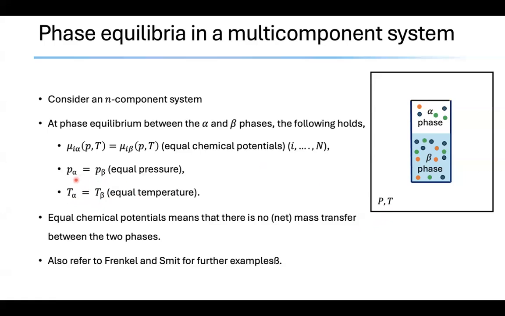Similarly, for the pressure, it should be P alpha equal to P beta equal to P. Finally, the most important condition is that the chemical potential of component i, where i can vary from 1 to n, in the alpha phase and the beta phase should be equal at a given pressure and temperature. A system that satisfies all the three conditions for all the n components is said to be in a state of phase equilibrium.